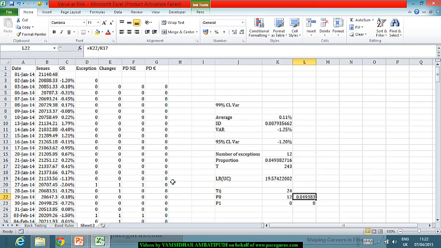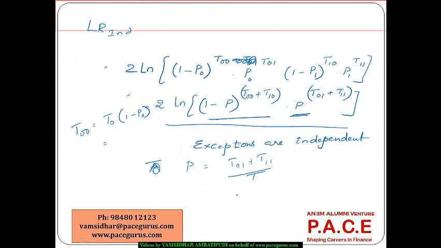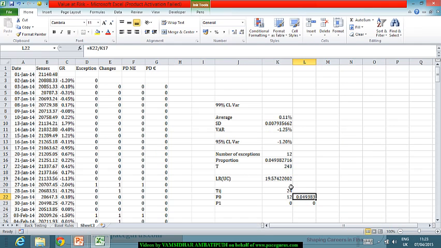So I get T00 as T0 into 1 minus P0, and T01 will come out as T0 times P0, meaning there is a transition from 0 to 1, so an exception. Whatever are the states in T0, these are the number of exceptions.